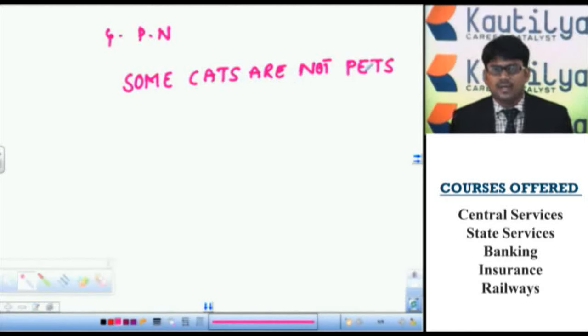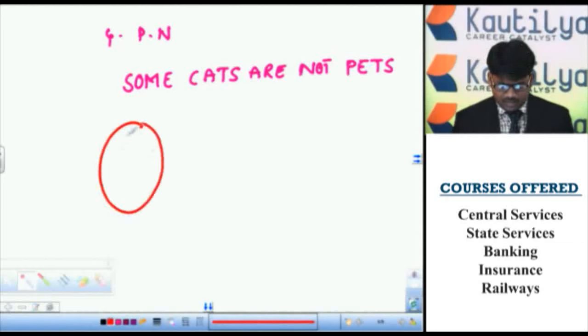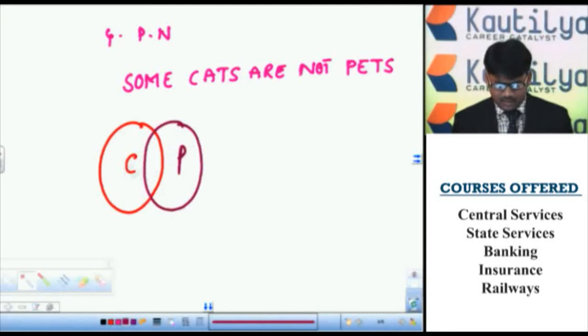This diagram we can represent in the first method. We take some cats, all cats in the universe, but some of the cats do not belong to pets. Then we take the pets in the universe, in that some of the cats do not belong to pets. This is the first representation of the diagram.